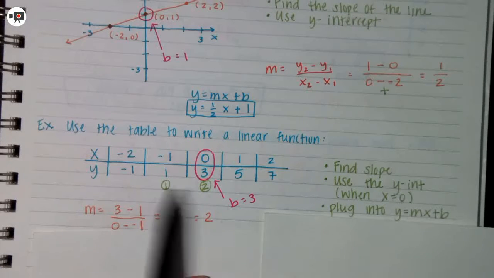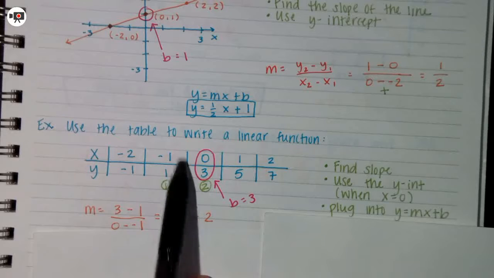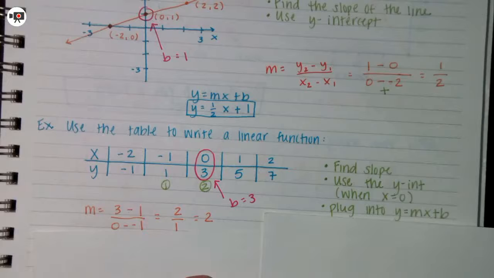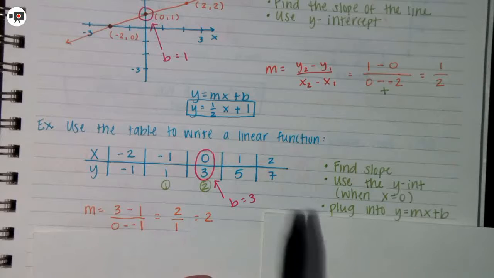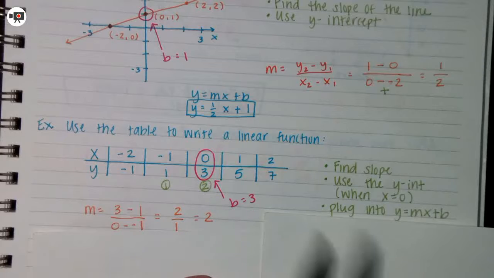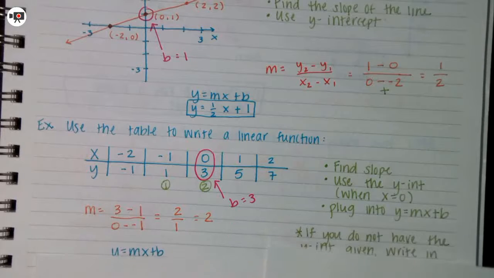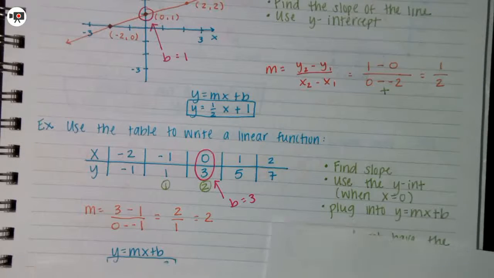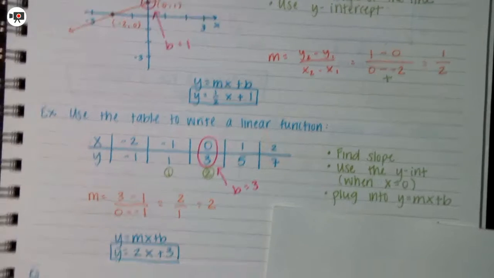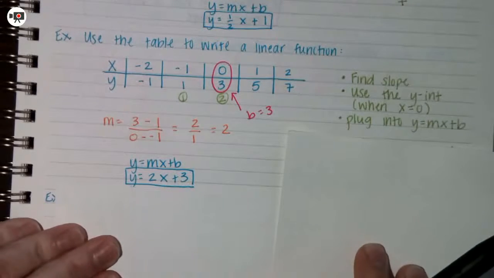So using any 2 points you want to, I used point 1 and point 2 here as labeled, and my slope is 2. When x is 0, y is 3, so this is going to be my y-intercept or my b value. So then plugging this in to slope-intercept form, you get y equals 2x plus 3.